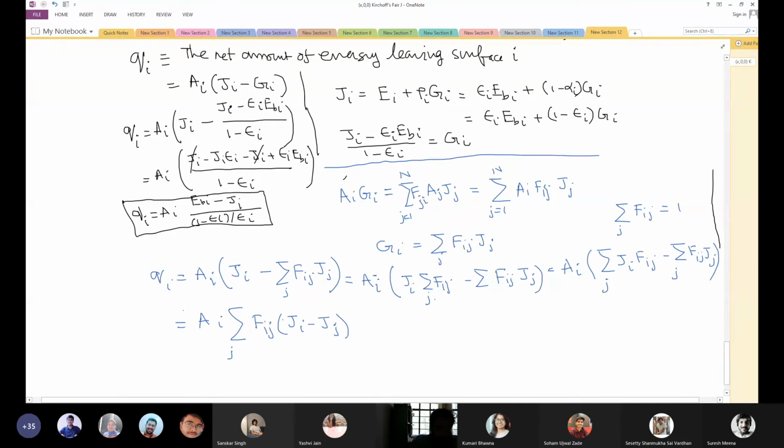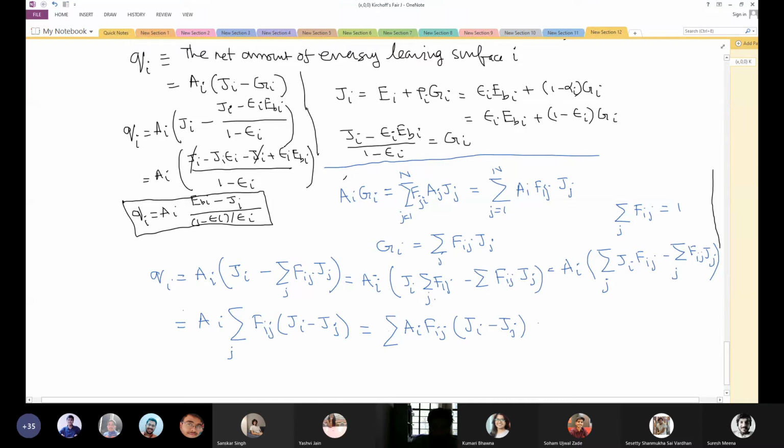So ai we can pull inside. Customarily it's pulled inside: ai Fij (ji minus jj). So this is another equation for q.